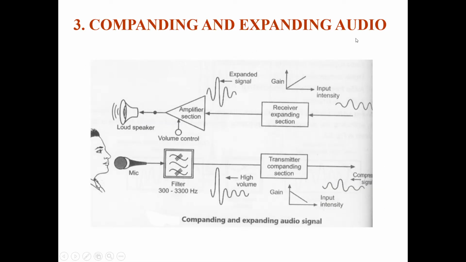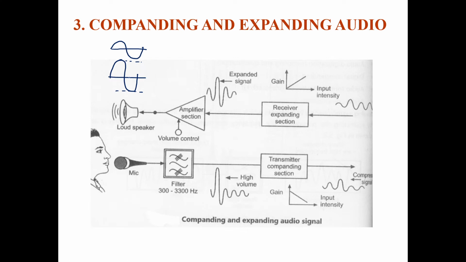Now, compounding and expanding of audio signal. So compression and expansion. Here compounding is nothing but compression. Now don't take this compression term otherwise. Compression is something like this. If your signal is here, okay, you are increasing the amplitude of that signal with certain rules and regulations that you might have studied in digital communication, A-law compounding, mu-law compounding.